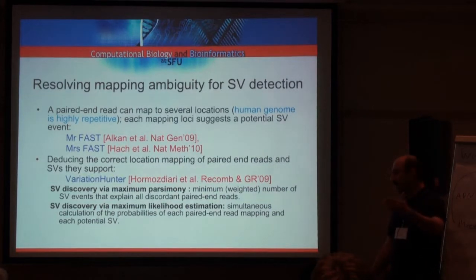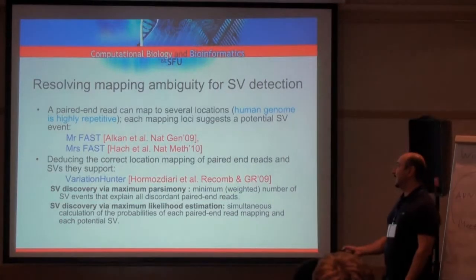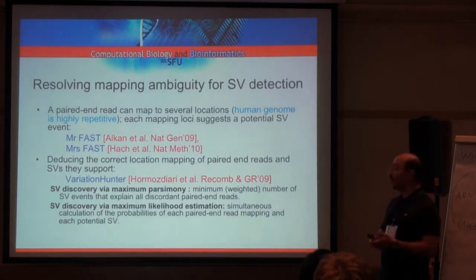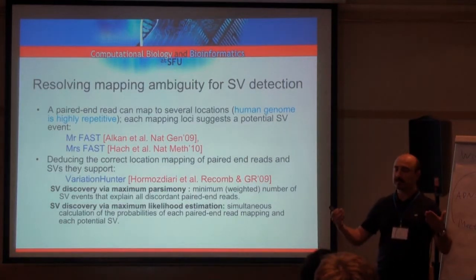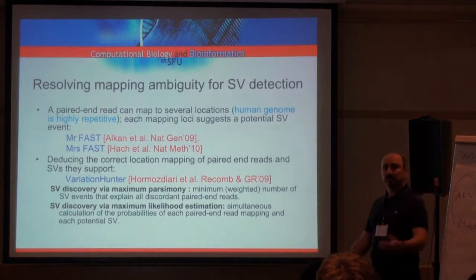So you take a fragment, you map all the left ends, all the right ends, and then try to figure out whether there's a concordant mapping. Concordant is when the distance and the orientations come as you expect.